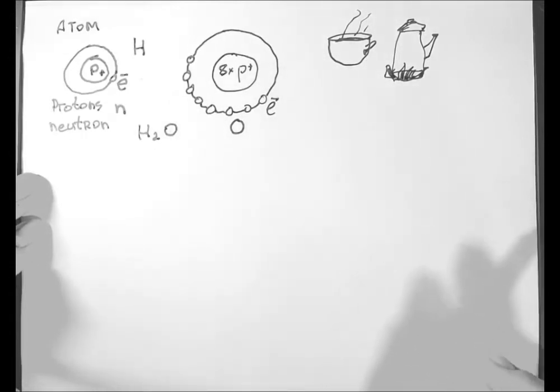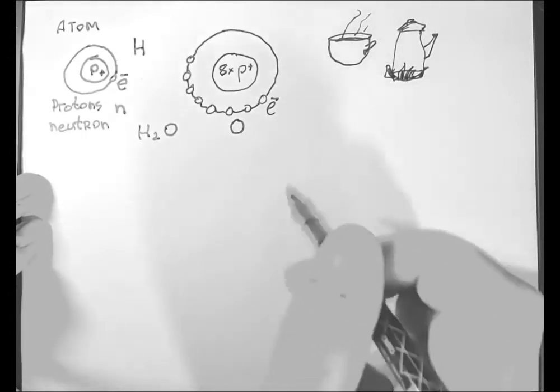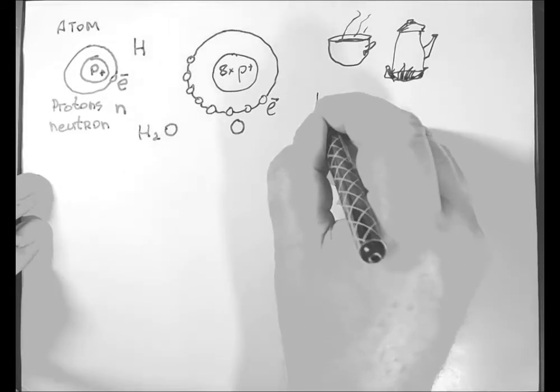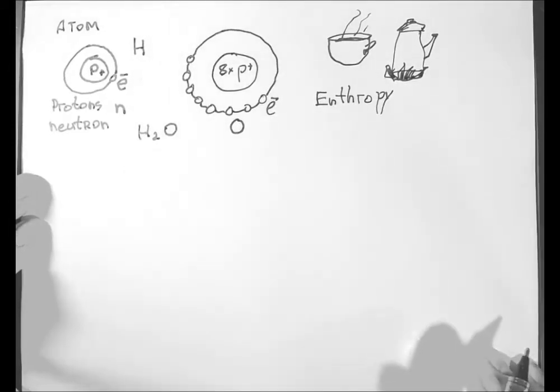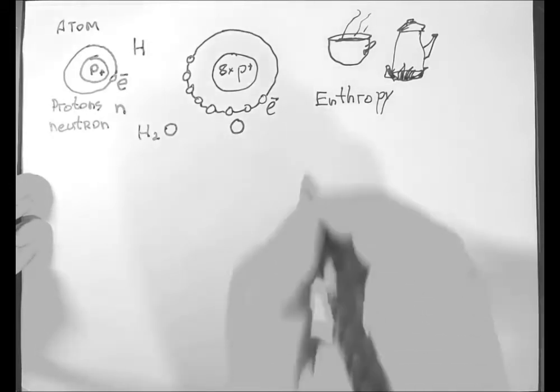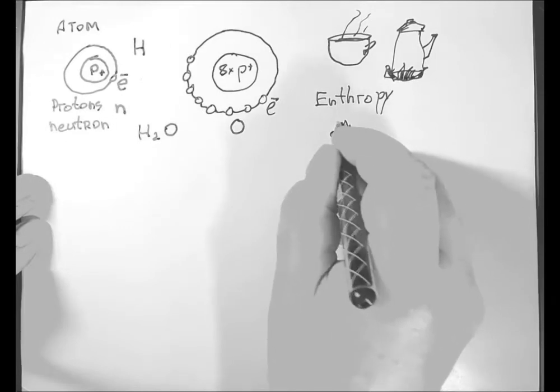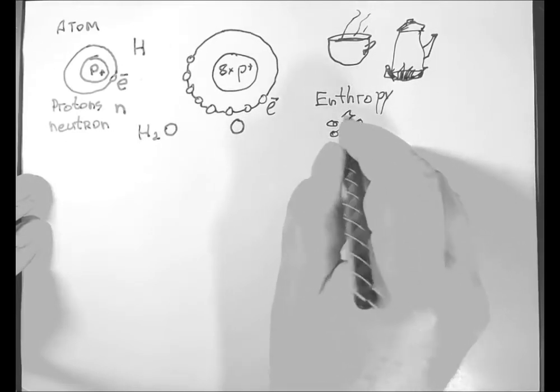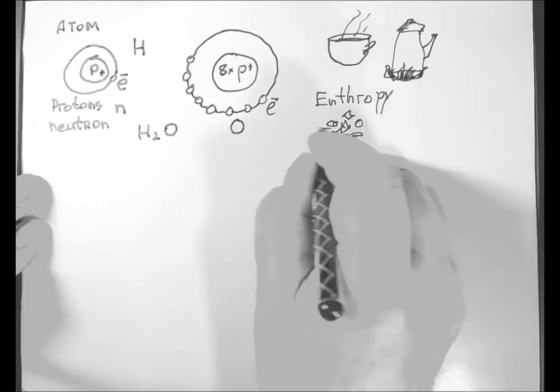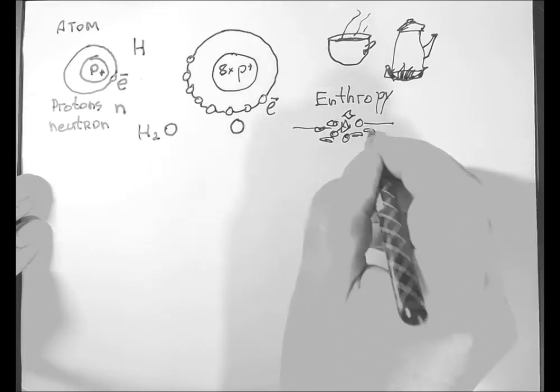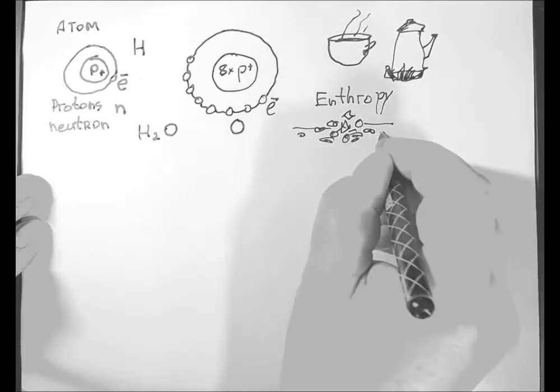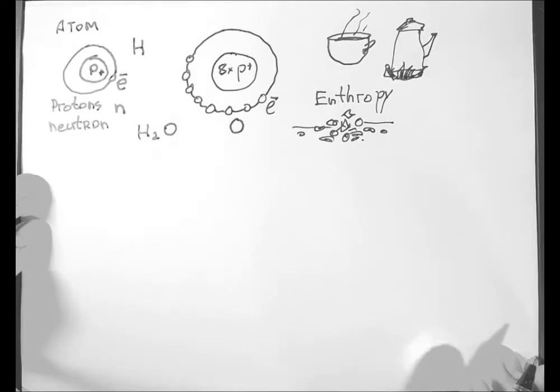So the energy, folks, is also connected to a definition like entropy. Entropy, folks, is a measure of chaos, a measure of disorder. So if I put everything in disorder, like stones like this, and you can see the stones just in a desert, this is maximum entropy.